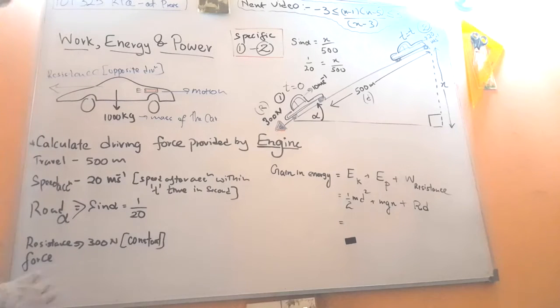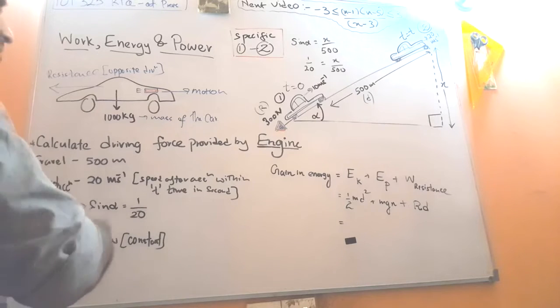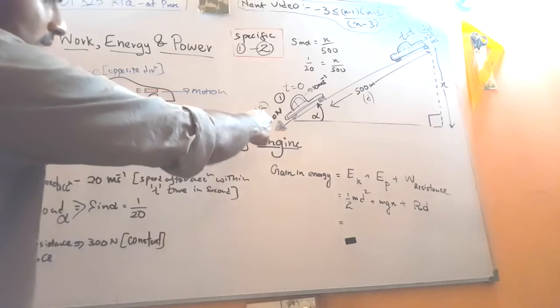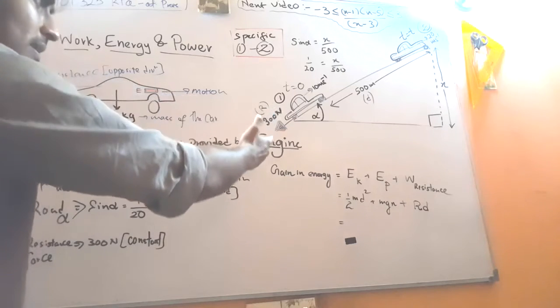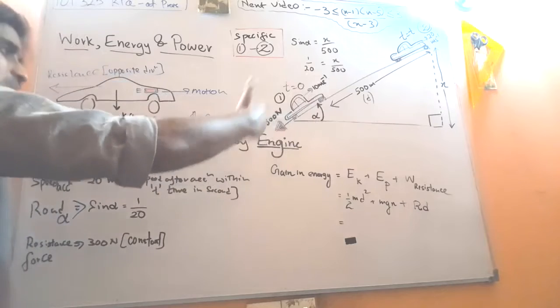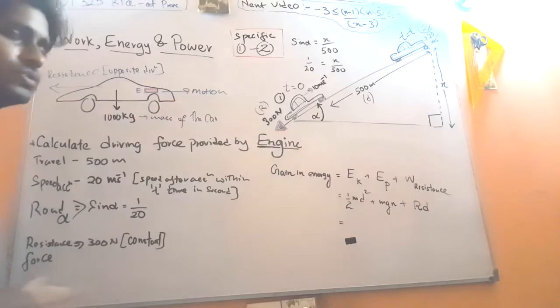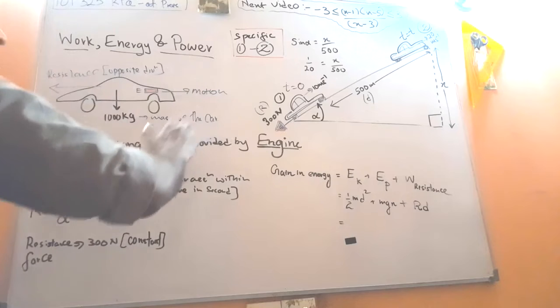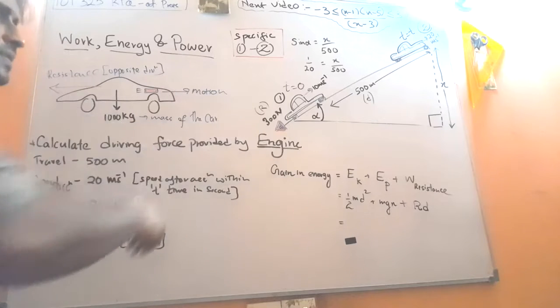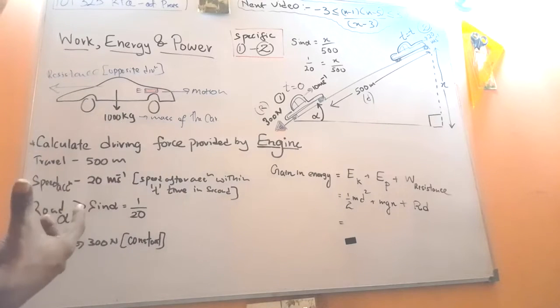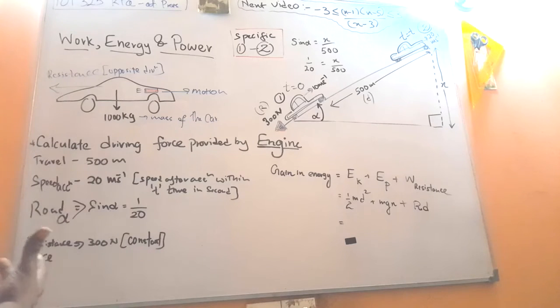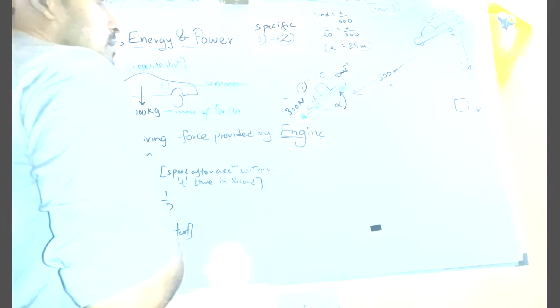The resistive force is considered a constant force, acting in a direction opposite to the direction of motion. Let's calculate the driving force provided by the engine.